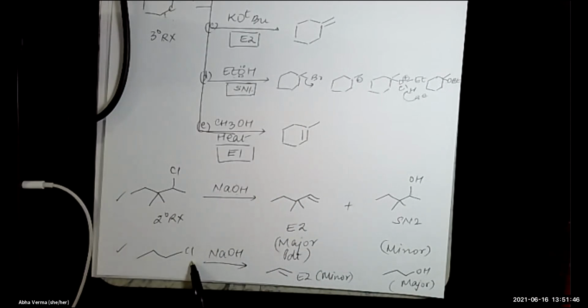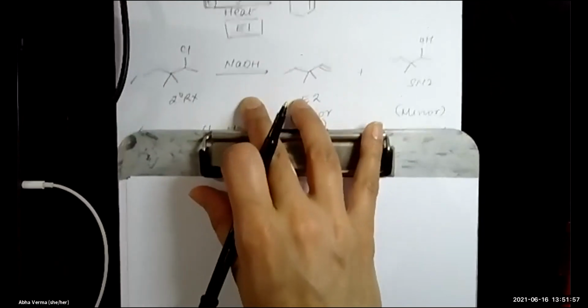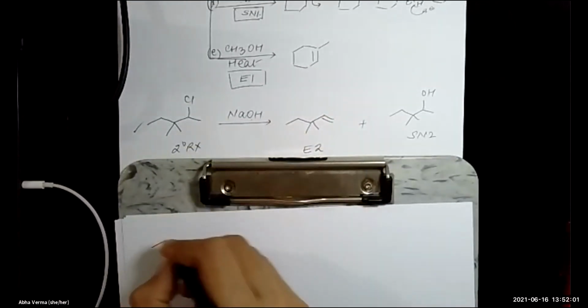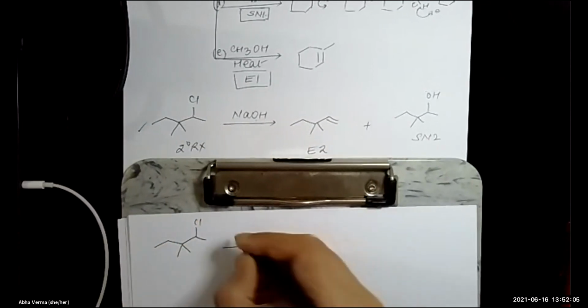If you had a weak base, so for example, I'm going to use the same substrate here. And I think we did this yesterday also when we were looking at different nucleophiles.